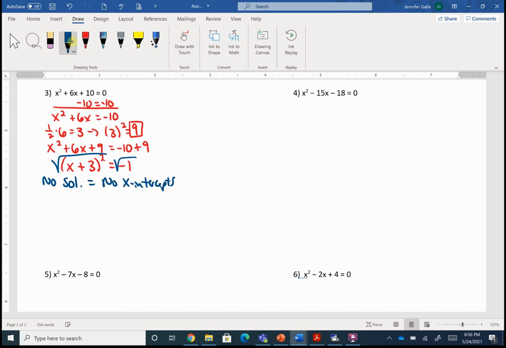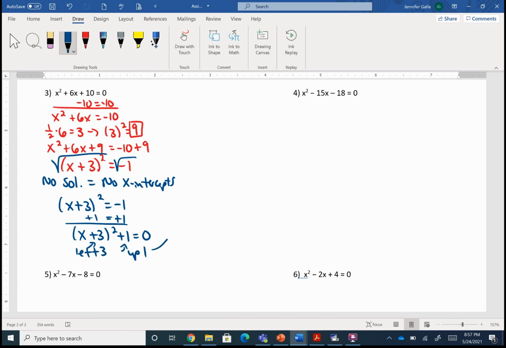Now we can still find the vertex and axis of symmetry. We can add the 1 back over to the left side. So we have x plus 3 squared plus 1. We have left 3, and we have up 1.